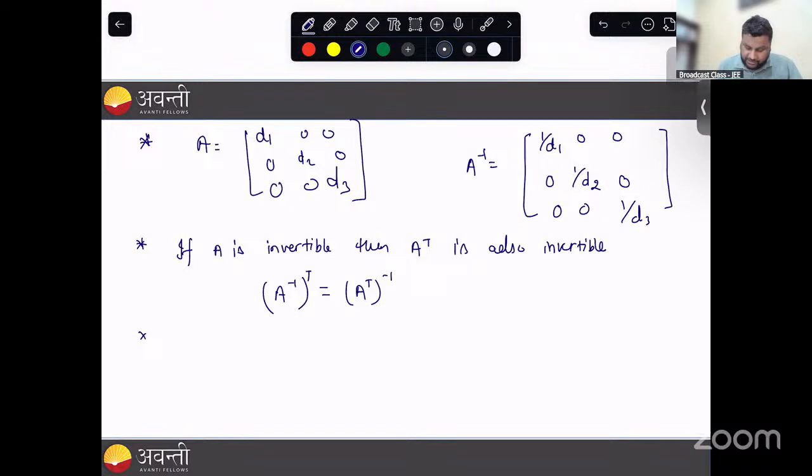Now next, very, very important. Determinant of A inverse is 1 upon determinant of A. The determinant of A inverse is 1 upon determinant of A. Fine.